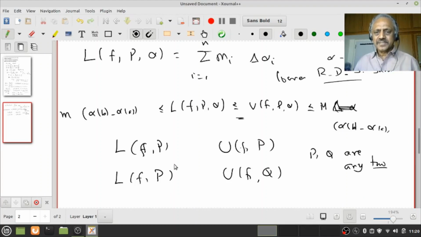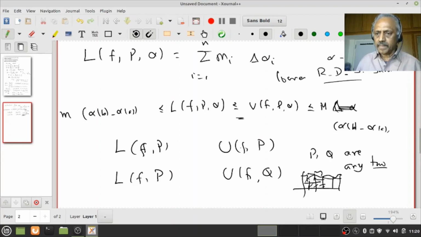Yes, because this is a sum of areas. Let us look at the picture like this. So this is the area, these are the areas, whereas with respect to any other partition, whatever be the partition, this will be the area. Right? So what do you guess?